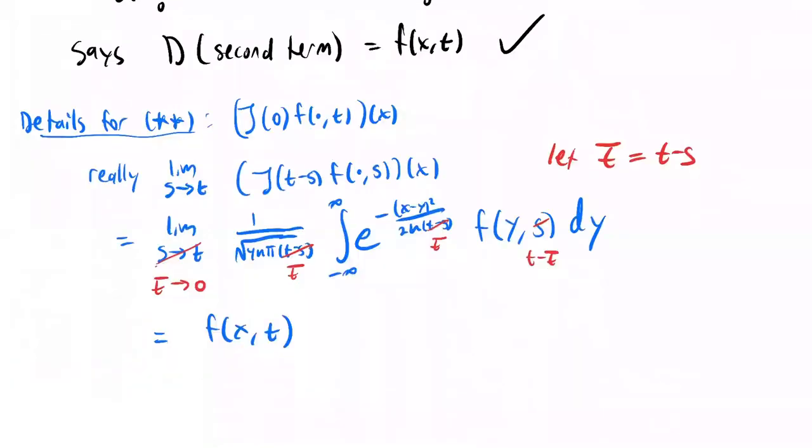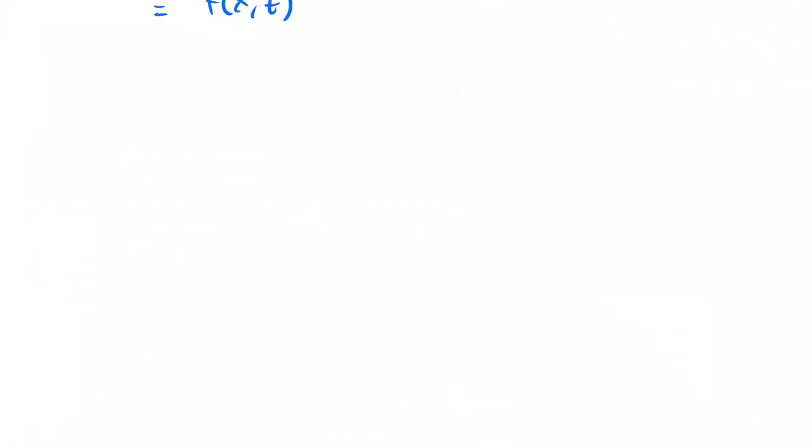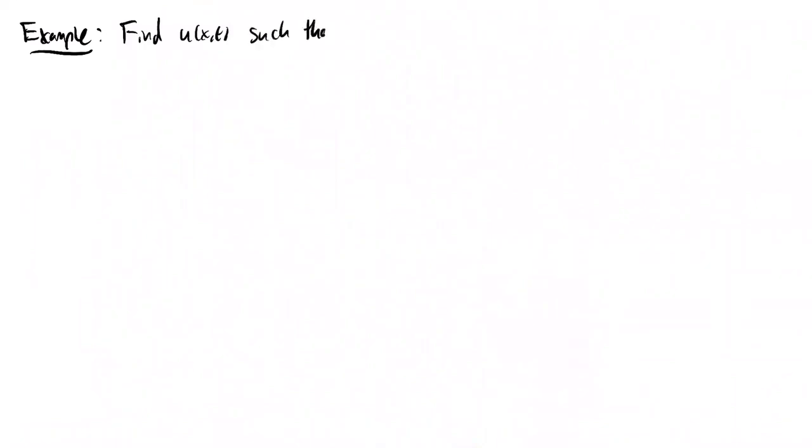Right, so maybe one quick example. Right, let's say I want to find a function u of x,t such that u_t minus k times u_xx is equal to, let's say 1.